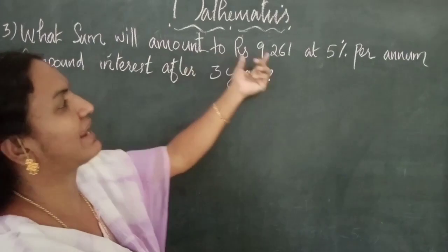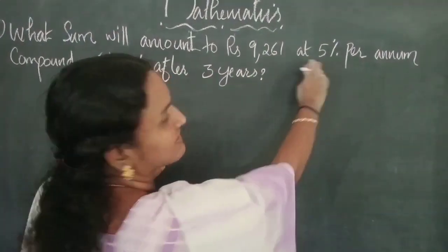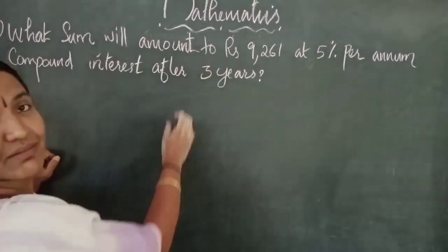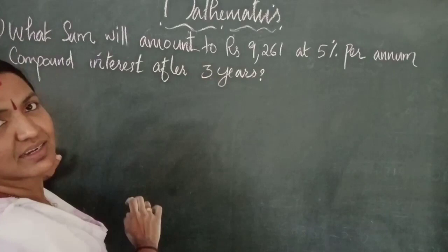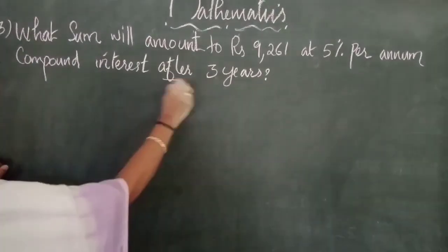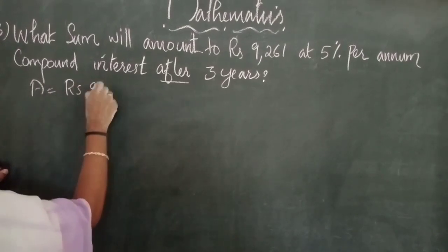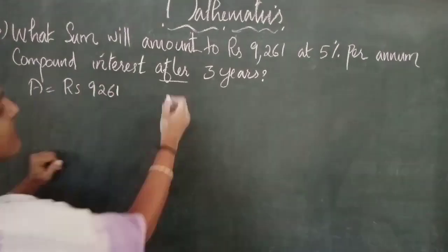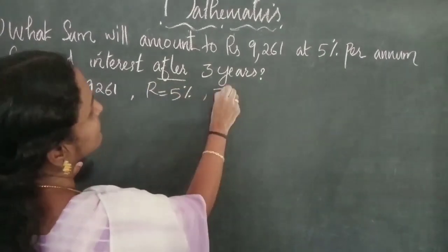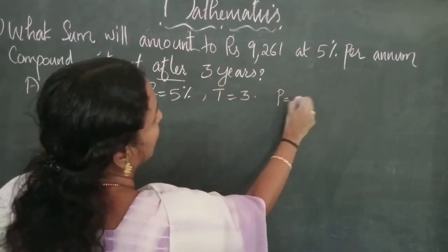Amount is given, 9,261, rate of interest is given 5%, and the time is given 3 years. We have to find the sum P. So A is equal to rupees 9,261, R is equal to 5% and T is equal to 3 years. We have to find P.